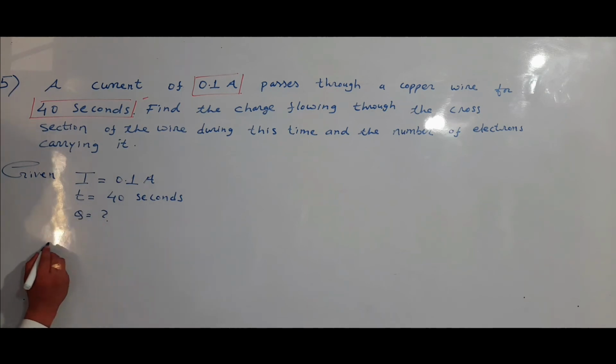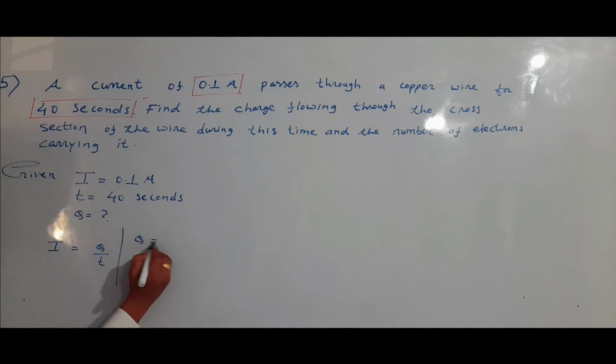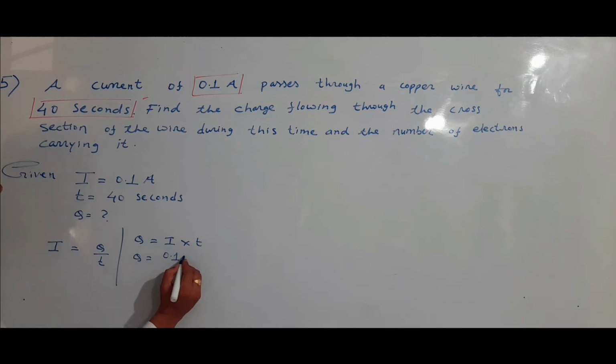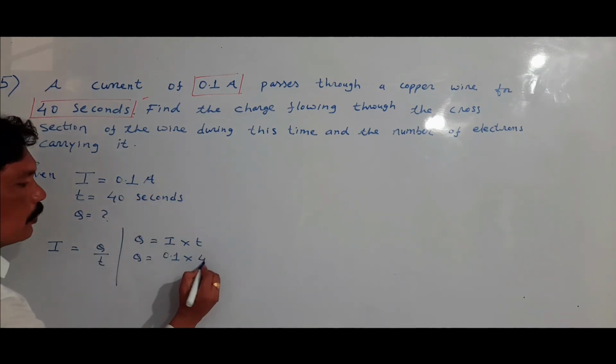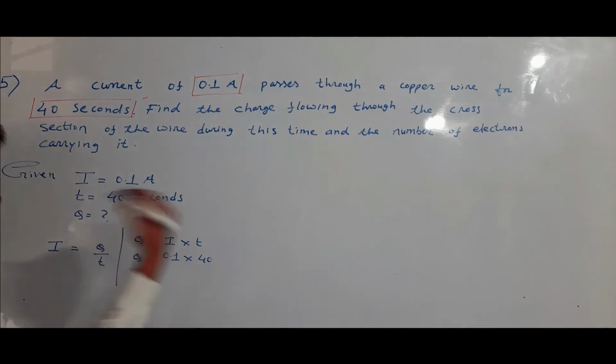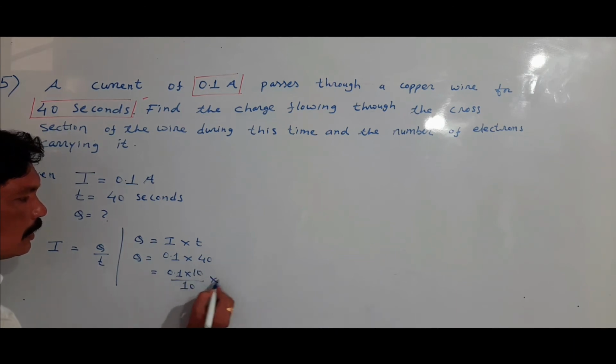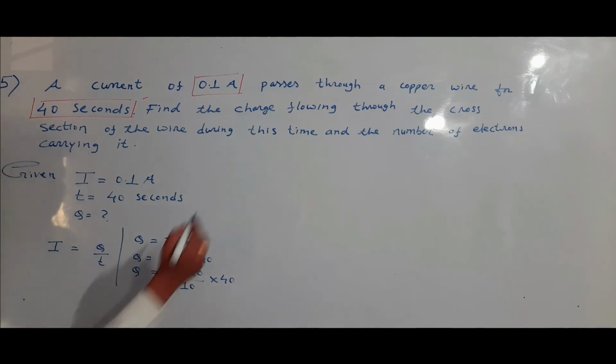My dear student, we know I is equal to Q upon T. We can write it in this way: Q is equal to I into T. Q is equal to, I is 0.1 and time is 40 seconds. We have to remove the point. So we will write here 0.1 into 10 upon 10 into 40.